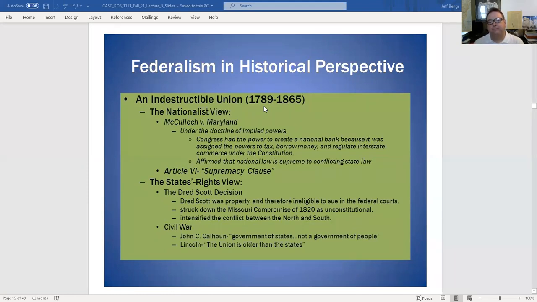During this time, the state governments continued to be the primary governments that took care of the fundamental governing.